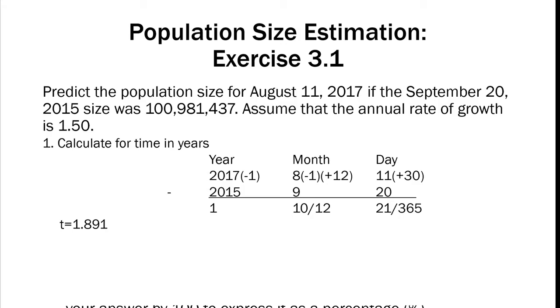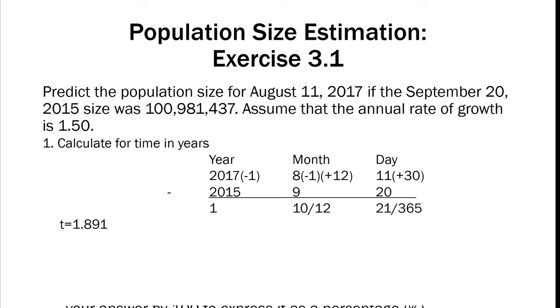I hope you have no arguments regarding this. We have 12 months in a year. So 8 minus 1 plus 12, which is 7 plus 12, that would be 19. So 19 minus 9 would yield 10. And for the year, we have 2017 minus 1. That's 2016 minus 2015. That would yield 1.